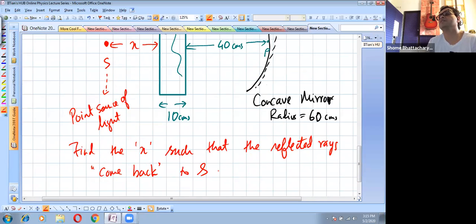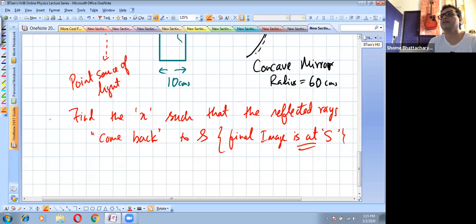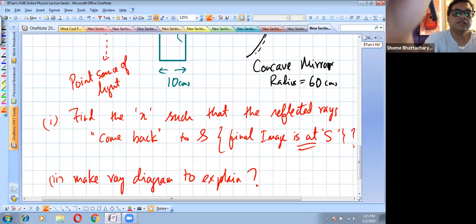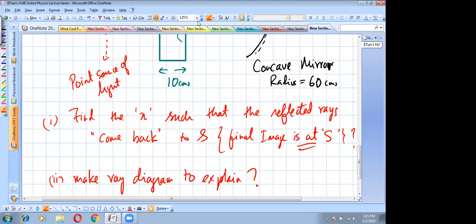That is, the final image coincides with the object. It is at the position of the source. So we want to find that and make the ray diagram. To explain the situation, let's start with this quickly, people. If you can work out this and tell me the answer, then immediately we'll move on to the next section. I'm just minimizing this so you can see the whole thing.